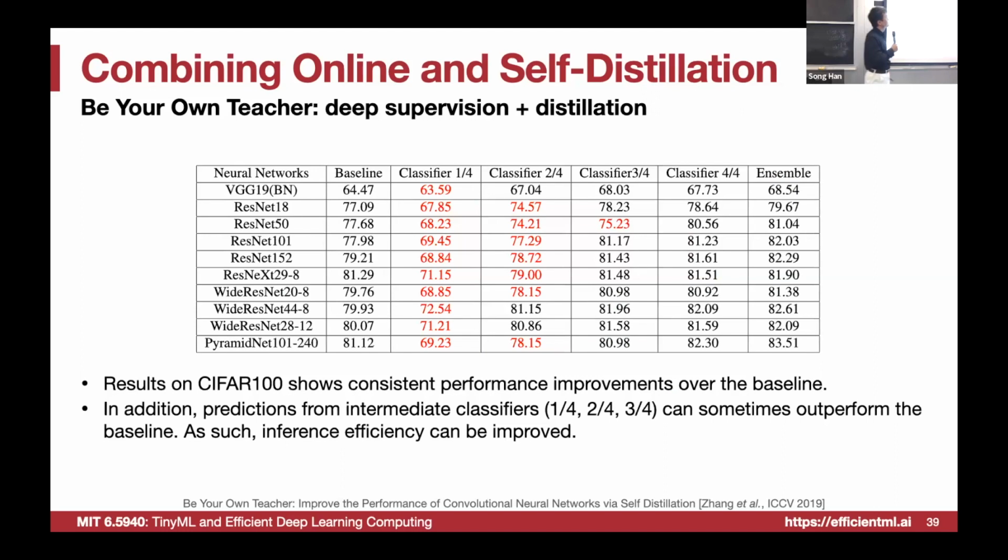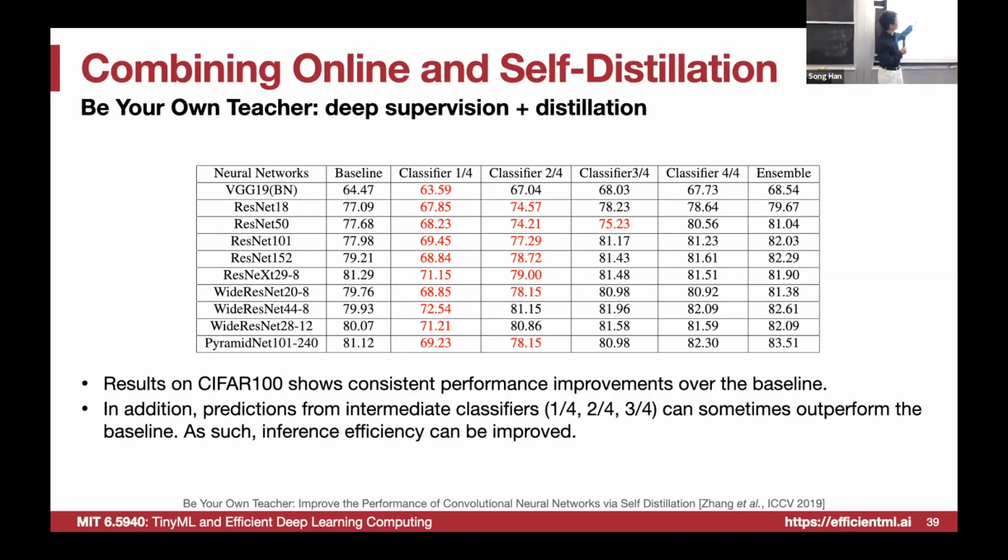So here we can see, since we can exit early, for different networks from ResNet, VGG, ResNeXt, wide ResNeXt, etc., how deep should we go? Here we have 4 stages. For ResNet 50, we have to go to classifier 4, stage 4. We have to finish everything. But for VGG 19, after only 2 classifier stages, we can match the accuracy or even get better accuracy compared with the baseline.